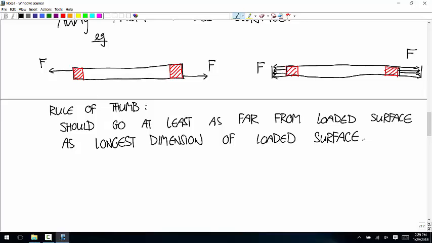So if the cross section is circular, then take the diameter of that circle, because the loaded surface is the cross section there, that circular shape, and then go at least the diameter of that circle away from the end. If that's a square, take the long diagonal of the square, and go at least as far away as that diagonal.